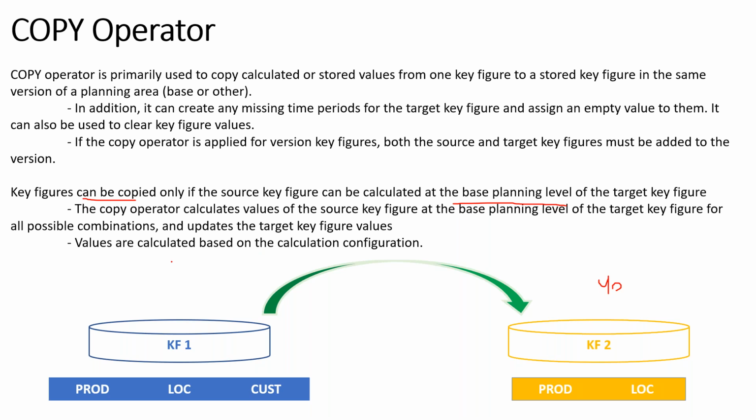Let me think about it for a moment. If, let's say, key figure 1 is in years, and this is in months, then this will not work, because the system will have values for 2018, 2019, 2020, 2021, but key figure 2 is asking for values for January 2019. So this will not work.